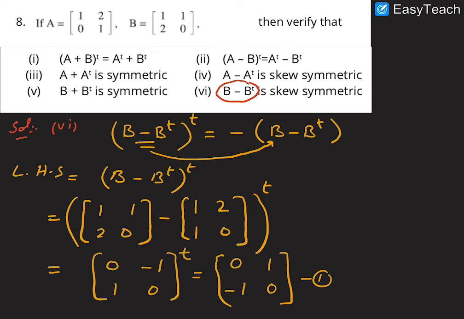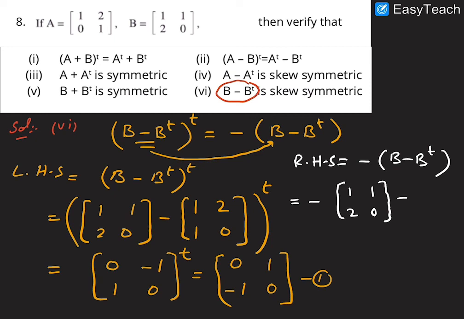Now let's take right hand side. Right hand side is negative of B minus B transpose. So keep the negative as it is. First write B, 1 1 2 0, minus B transpose, whose transpose will be 1 1 2 0. So 1 minus 1 will be 0, 1 minus 2 will be minus 1, 2 minus 1 will be 1 and 0 minus 0 will be 0.